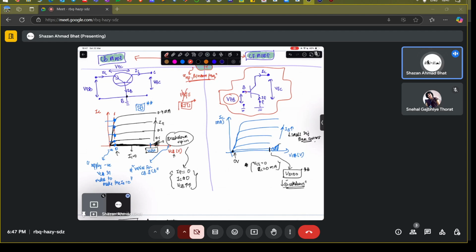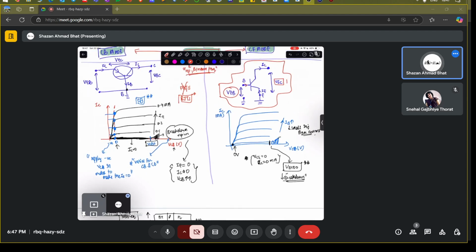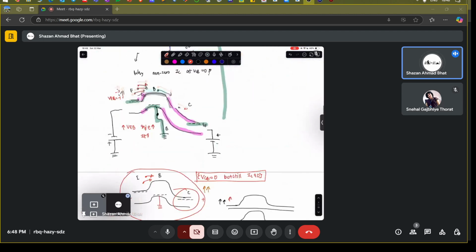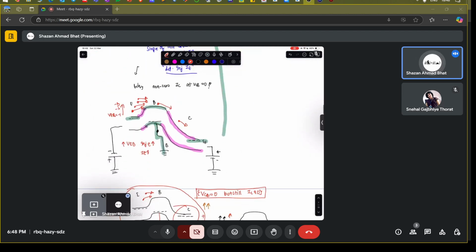You don't have any base voltage coming into the picture. And how is that going to affect? You are increasing this particular voltage, which is VCE. VCE goes on increasing. So what does that mean is that it causes the breakdown of this particular region.